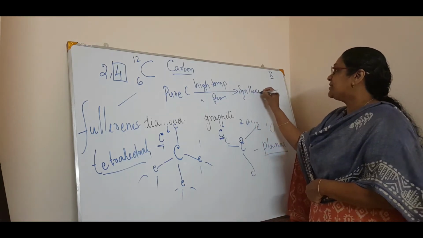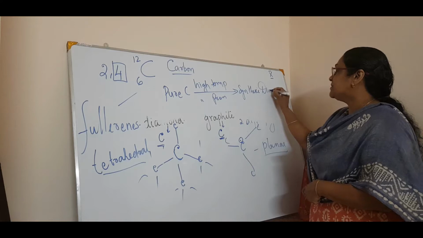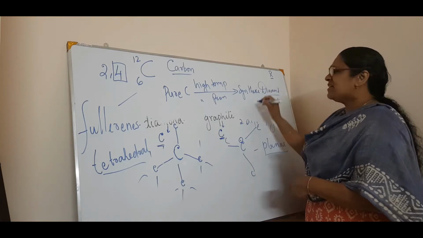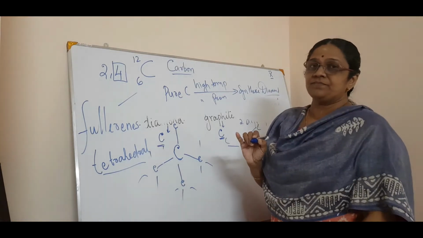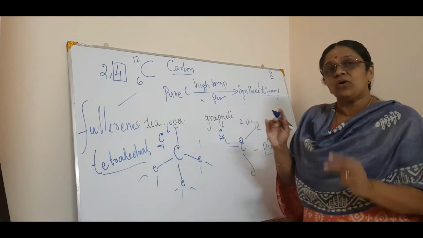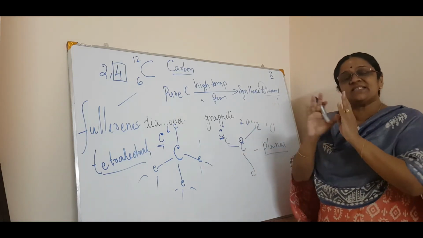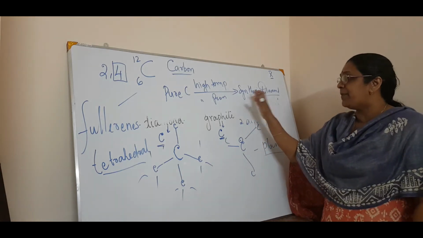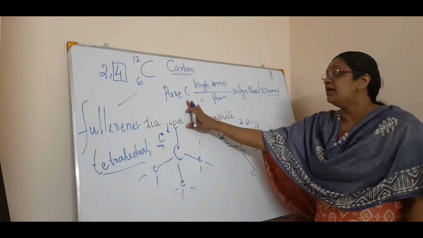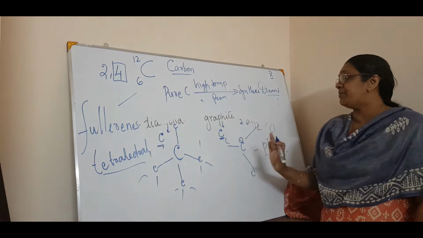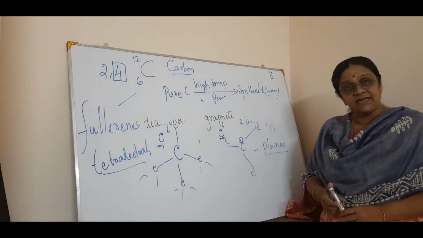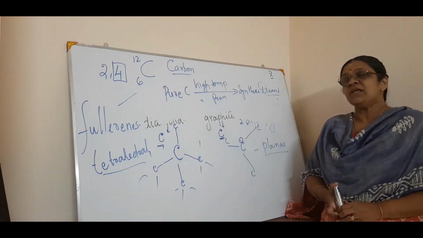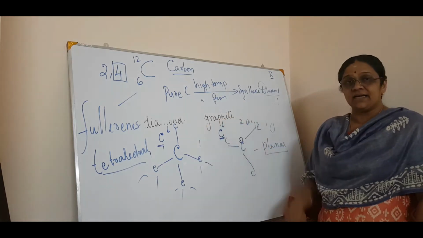Okay, so you will get synthetic diamond. Now the synthetic diamonds are very small, but they look the same as natural diamonds. So this is how you can synthetically prepare diamond: by applying high temperature and pressure to pure carbon. Okay. So this is about diamond and graphite.